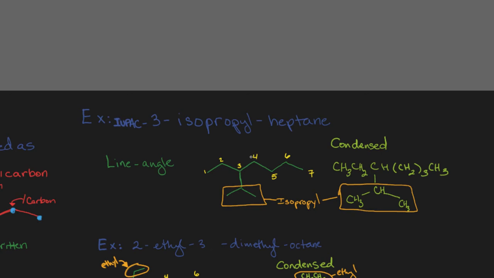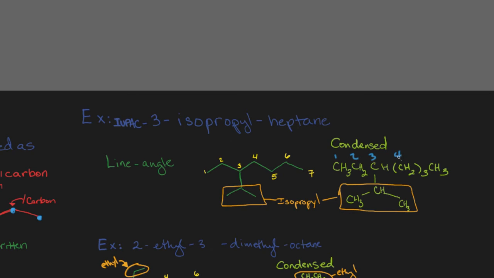3-isopropyl heptane. All right, here's the condensed structure. Heptane is 7 carbons. 1, 2, 3, 4, 5. Ooh, I did short myself one, didn't I? 1, 2, 3. Oh no, there's a subscript of 3. So 4, 5, 6.